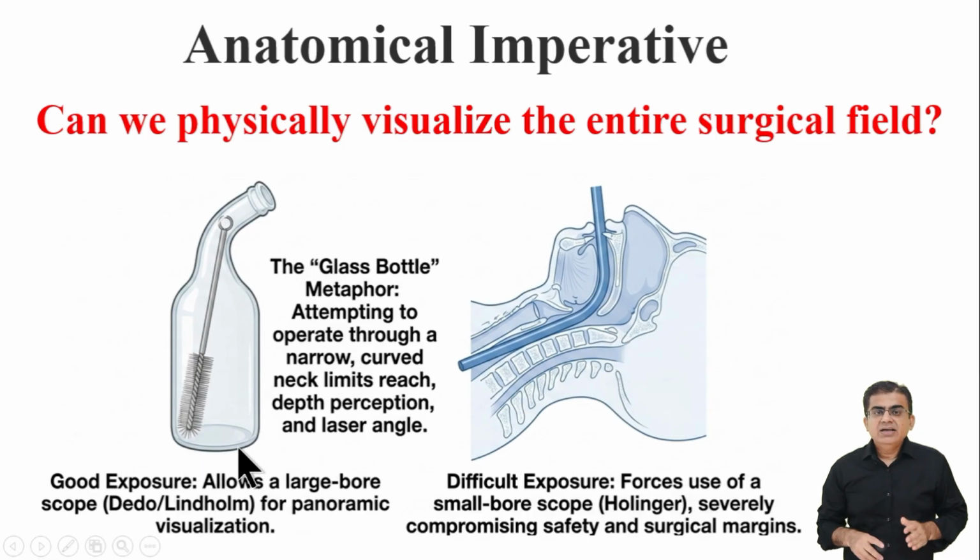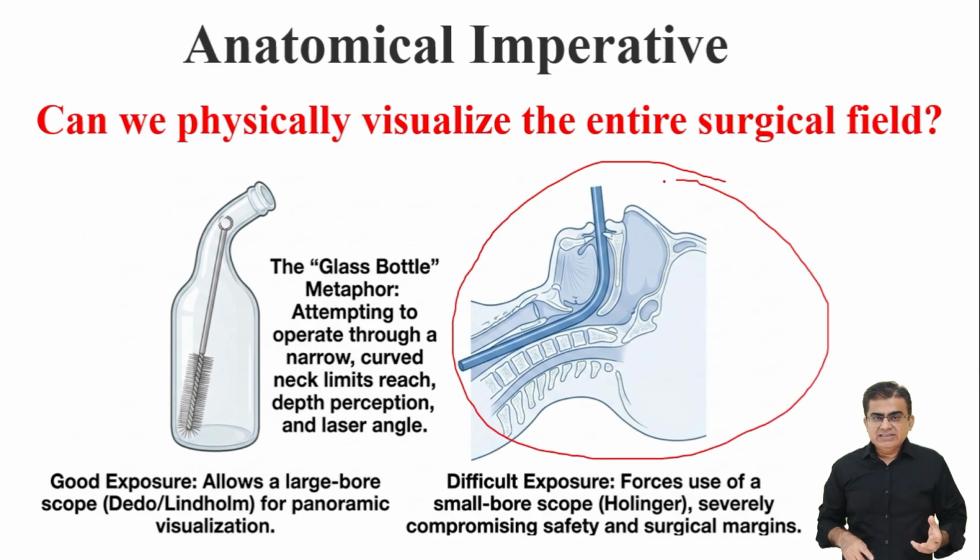This is the exact mechanical challenge for laser surgery. Before we even evaluate the cancer, we must strictly evaluate this surgical corridor. A good laryngeal exposure allows us to use a large bore laryngoscope. We use scopes like the Dedo or Lindholm to get a wide panoramic view of the vocal cords.